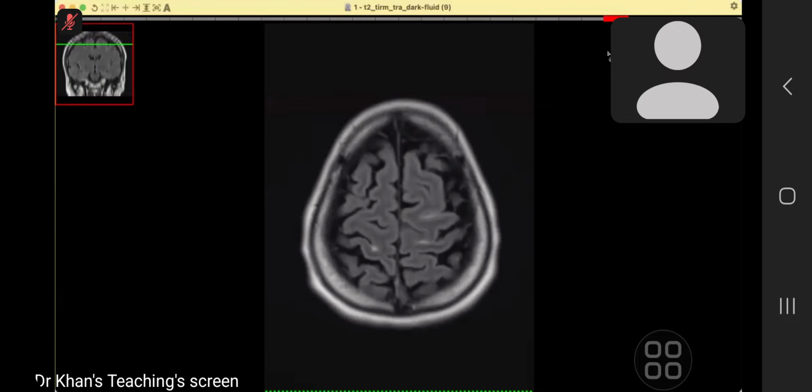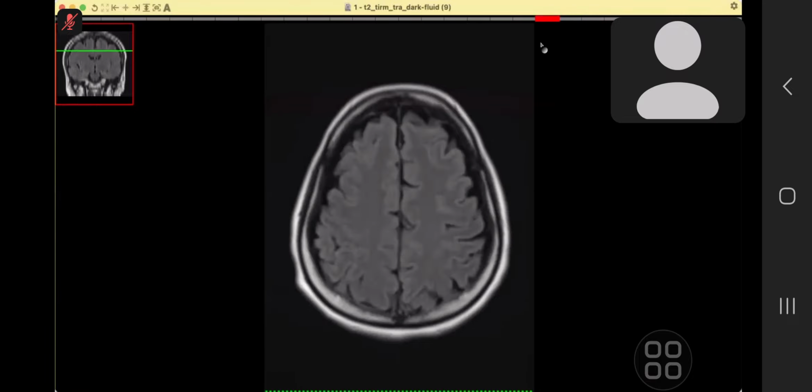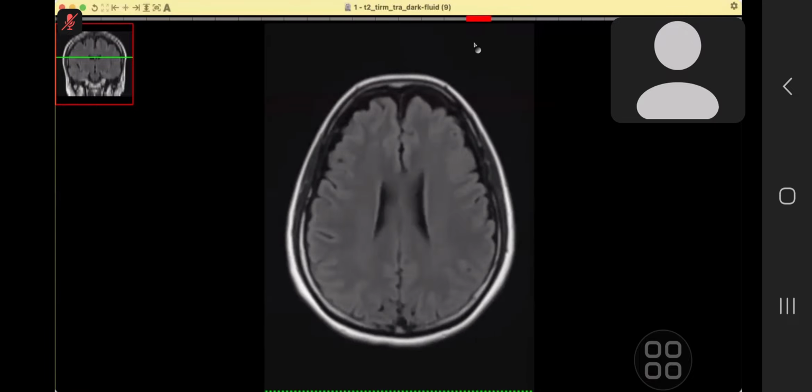The hyperintense signal at subarachnoid spaces is mainly at both cerebral convexities.